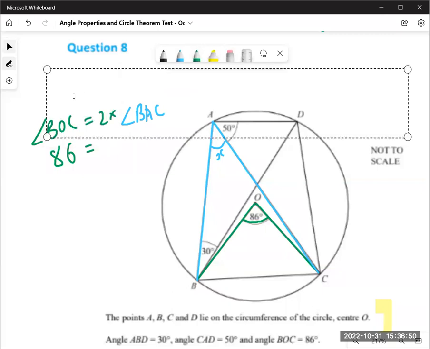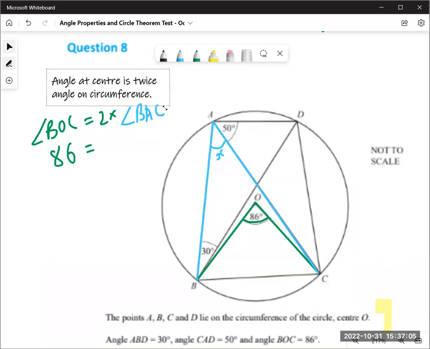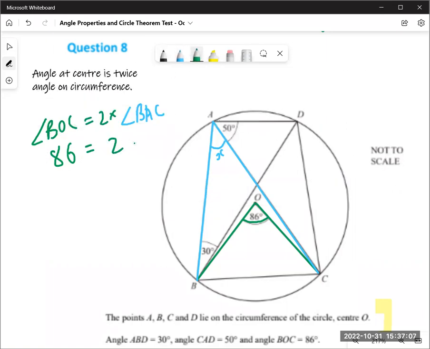The rule is, Safa, are you understanding? The rule is angle at center is twice angle on circumference. That's the rule. So I can find this X. Therefore, 86 is, what is X then? 43?